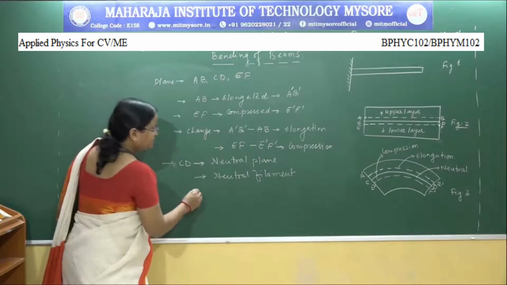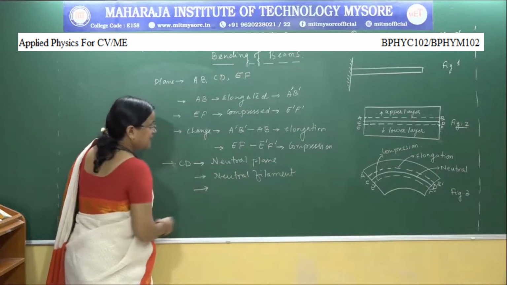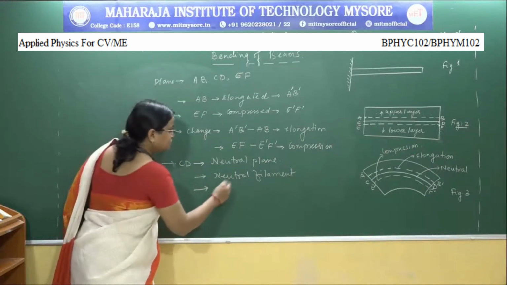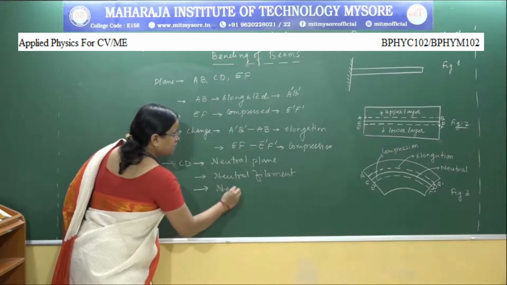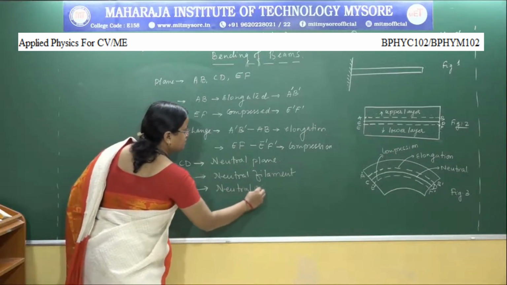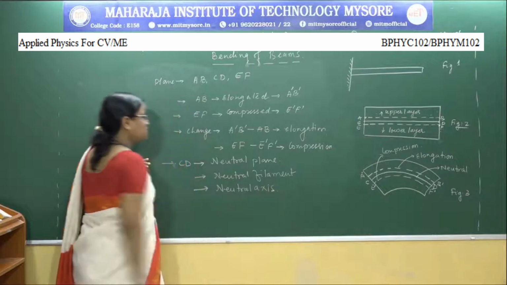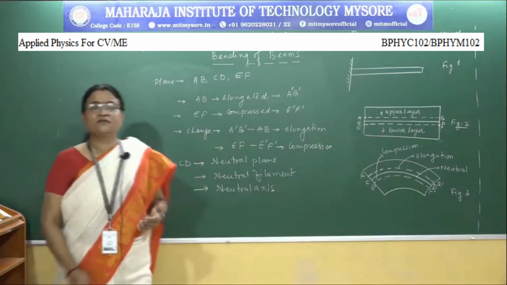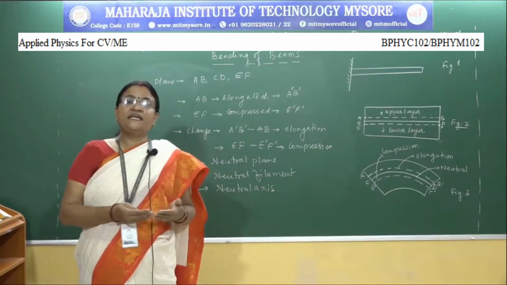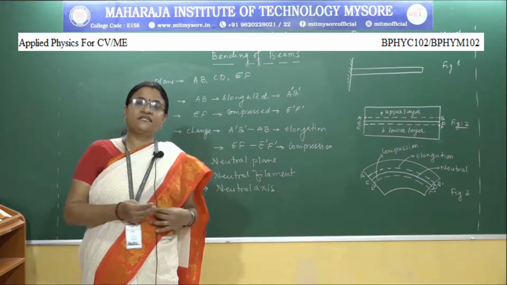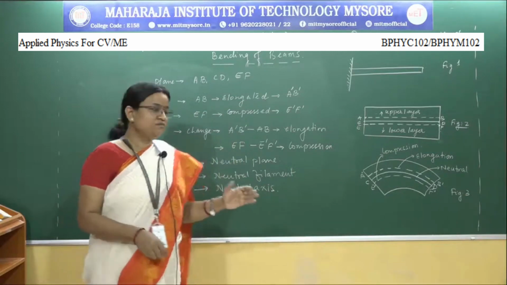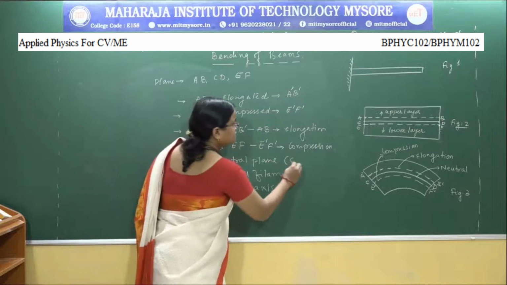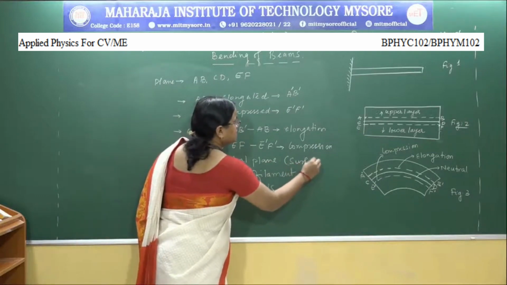So that particular filament itself, the line which passes through the filament, we can call the neutral axis. So you have to remember three things: the plane in which the filament CD is enclosed we call the neutral plane, or the neutral surface as well.